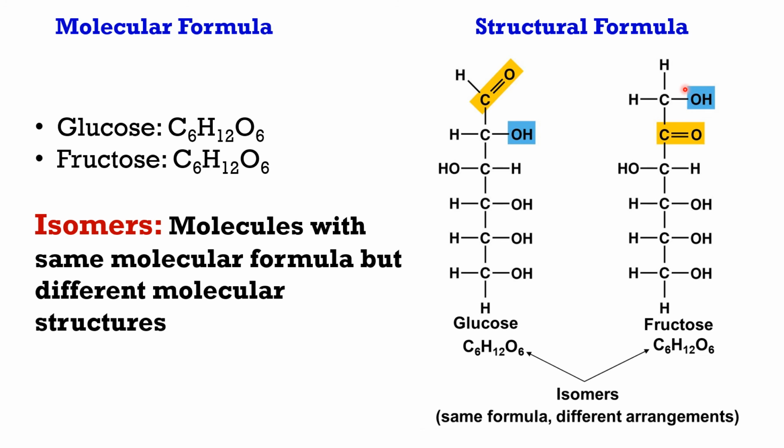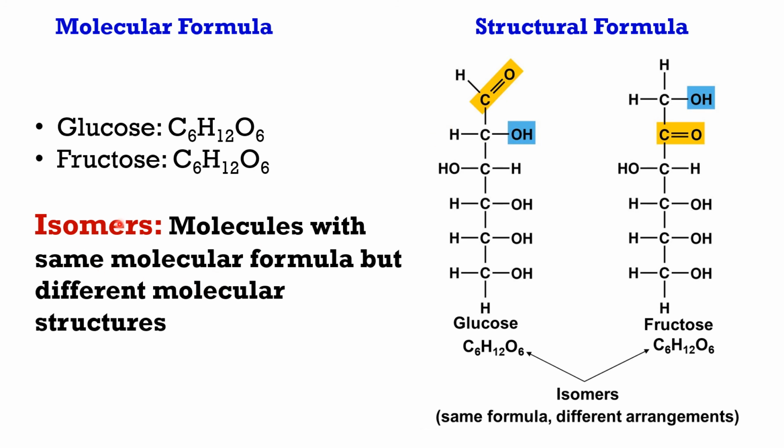And you might say, well, why does it matter? Well, it matters a lot because the way that something's structured will depend on how it functions. And our bodies will only be able to break down certain types of structures based on the chemical structure.